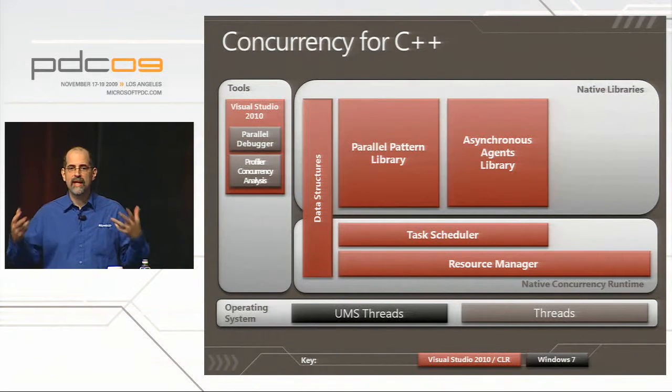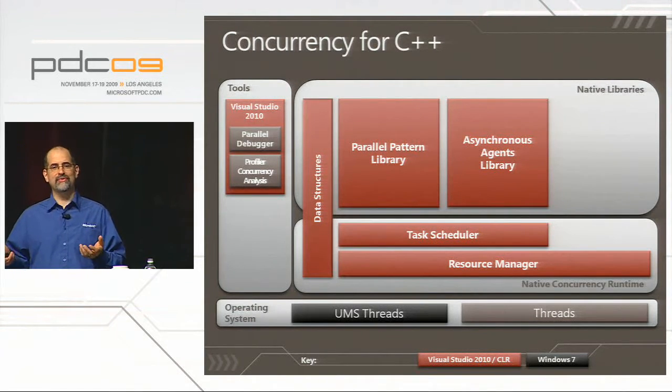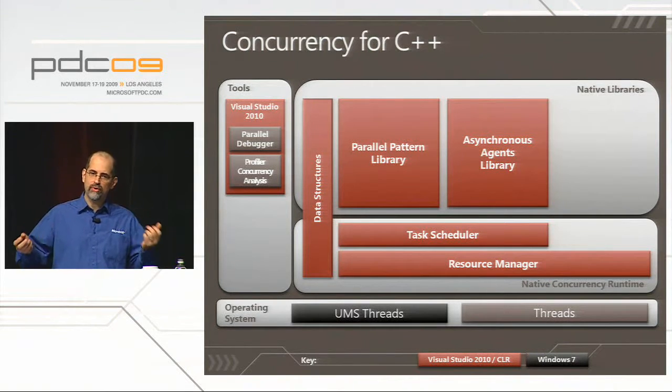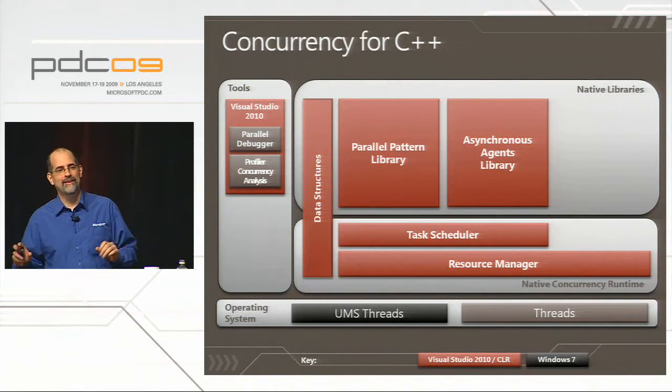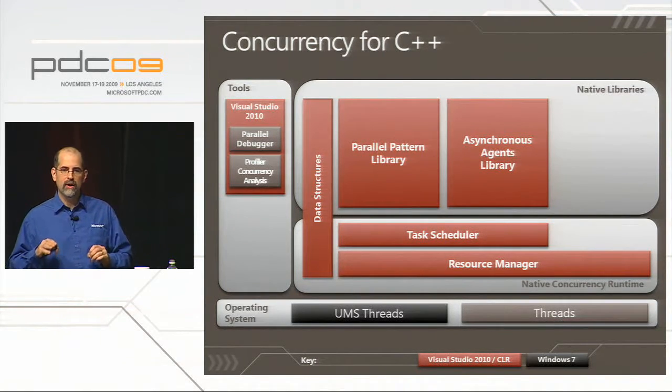We give you some data structures that are concurrency safe, which is the way I describe them instead of specifically thread safe, because that's a very technical term, and I don't know that we are 100% thread safe, because there are things that you don't want to do sometimes. And so they are naturally concurrency safe, and I would encourage you to look at those.